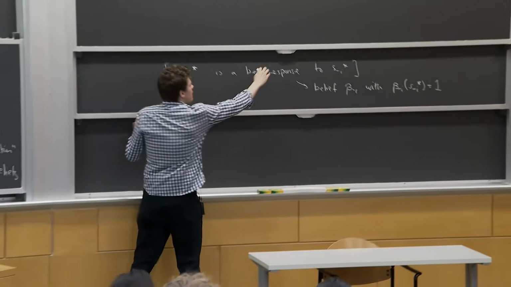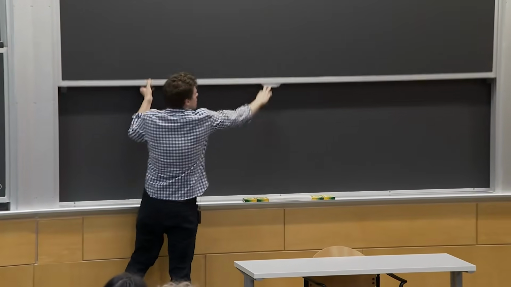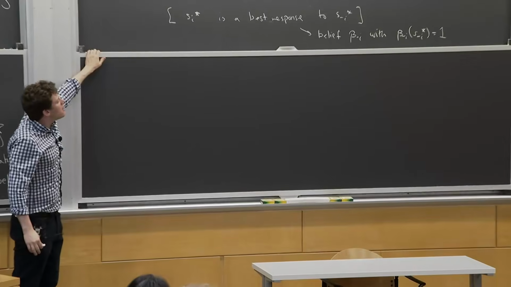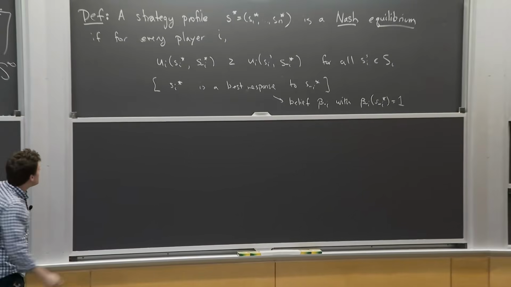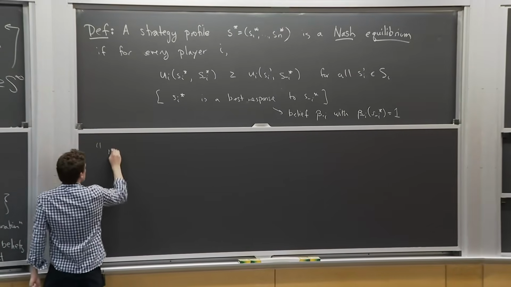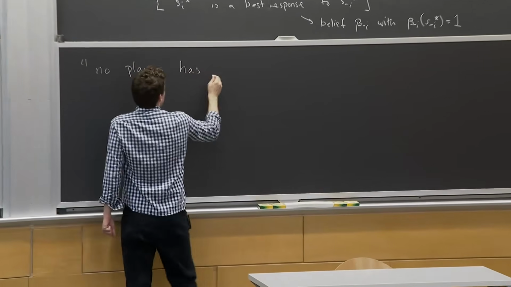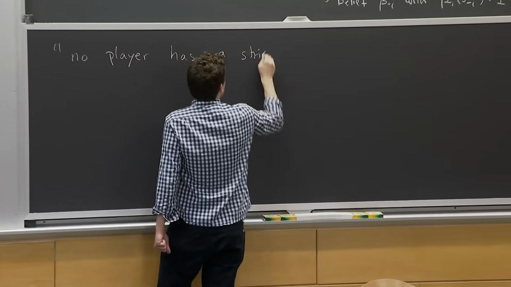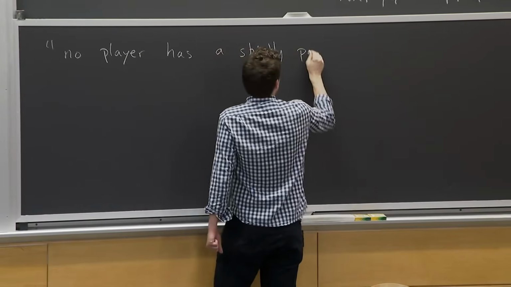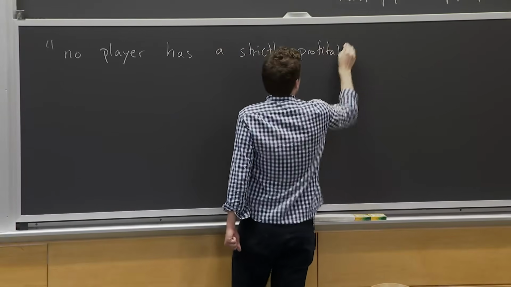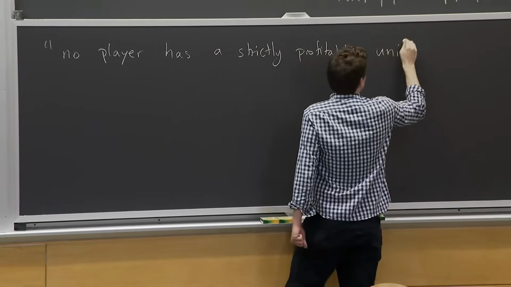Maybe we can give a bit of a less mathematical frame on this. Another way we might say it is that no player has a strictly profitable unilateral deviation.